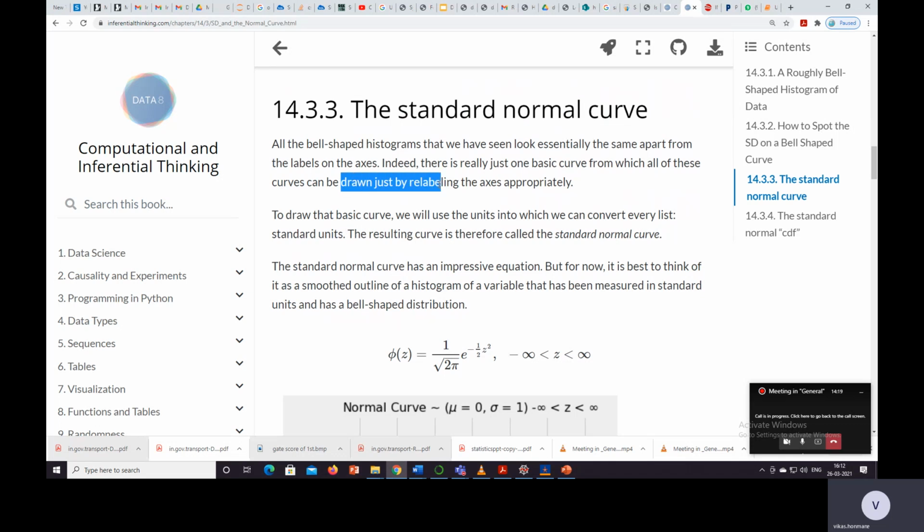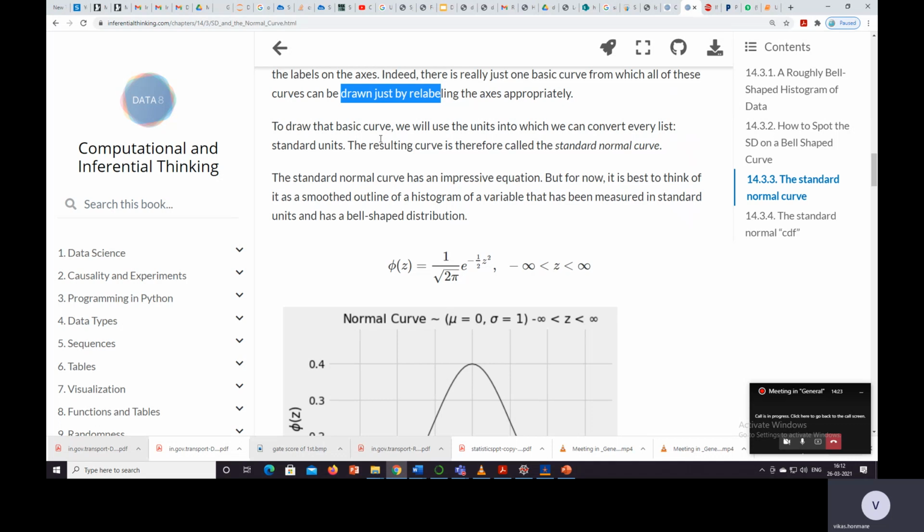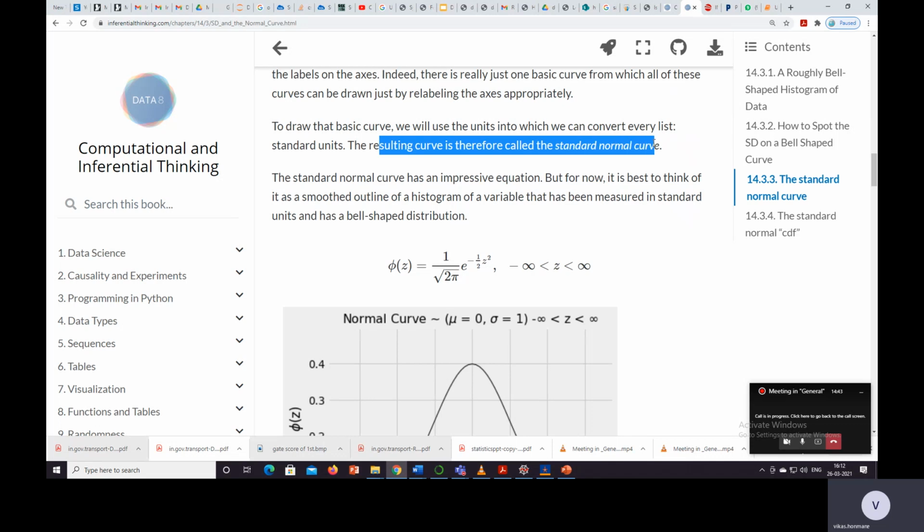So we can just relabel the axis here and accordingly we get the curve. Okay, to draw the basic curve, we will use units into which we can convert every list. Okay, so we use units called standard units. Okay, so the resultant curve is therefore the standard normal curve.